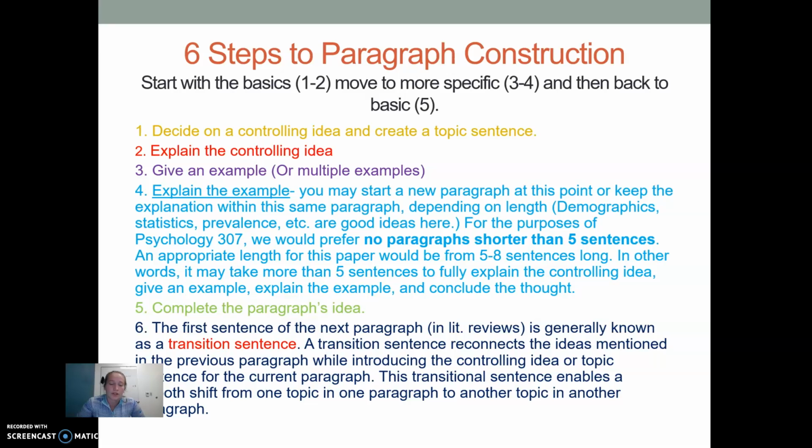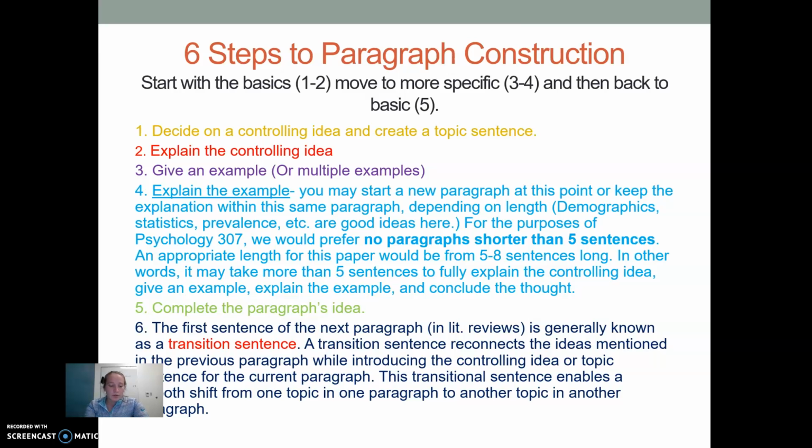But remember that none of your paragraphs should be longer than 8 sentences, very few. And definitely don't have any paragraphs that are 5 sentences or less. 5 is a good goal, but with 4 sentences, you don't have enough room to explain what you want to. Then you're going to complete the paragraph's idea. The 6th step is what will be the transition for the next paragraph.